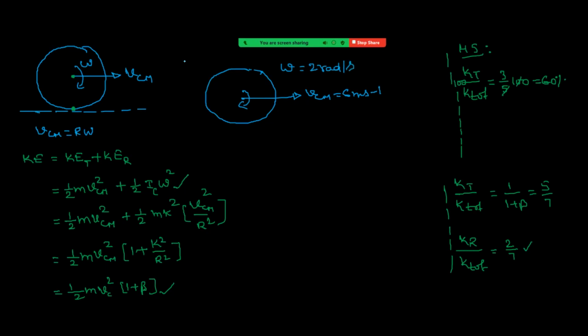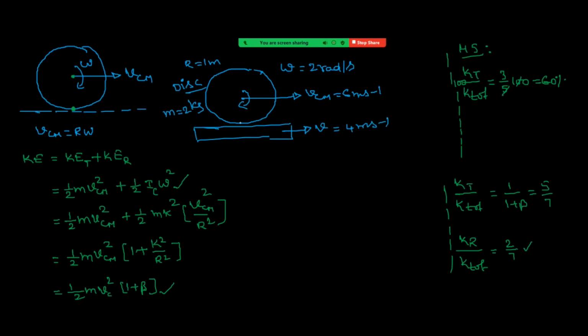Take the radius of this object as 1 meter. Suppose it is a disk of mass 2 kg. This is now rolling on a plank which has velocity v equal to 4 meter per second.